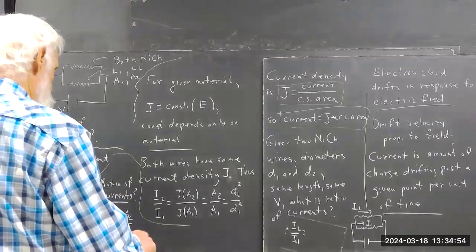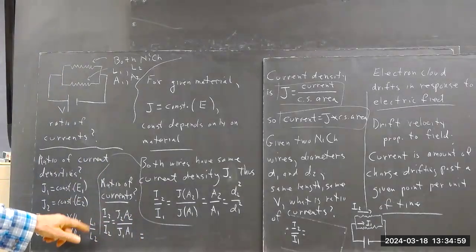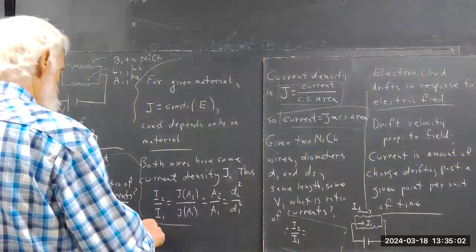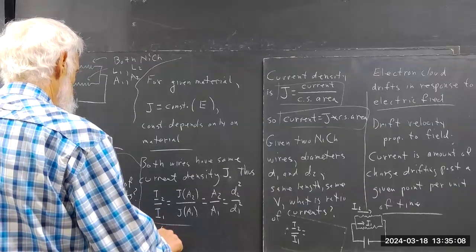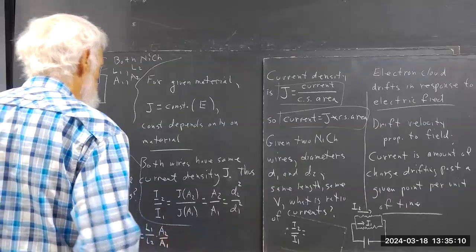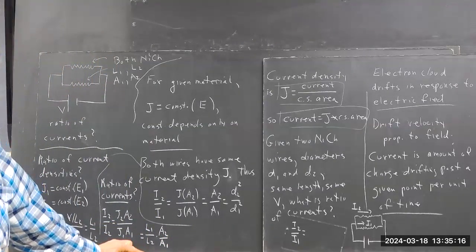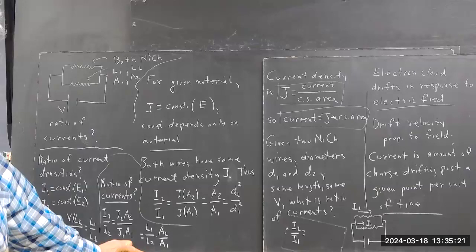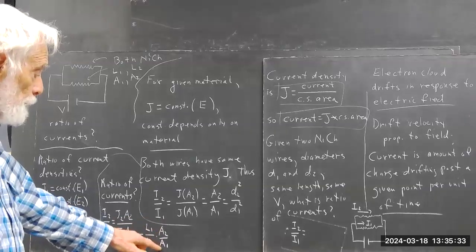So we have this. And of course, J2 over J1 is L1 over L2. Now, if you just think this through in terms of what's directly and what's inversely proportional, you can say, well, okay, your current is going to be inversely proportional to the length and directly proportional to the area.